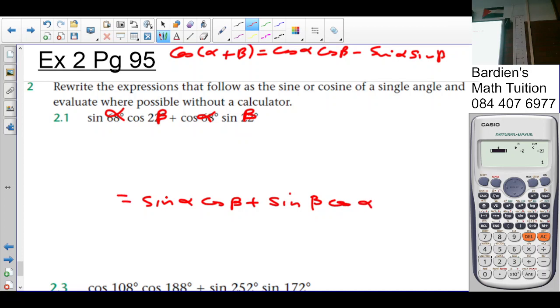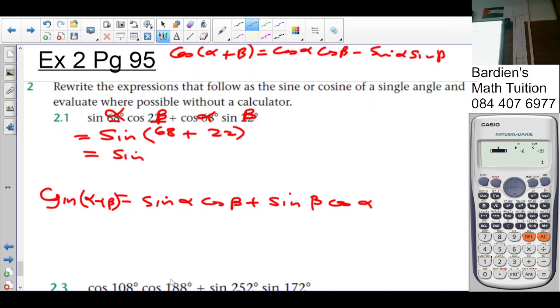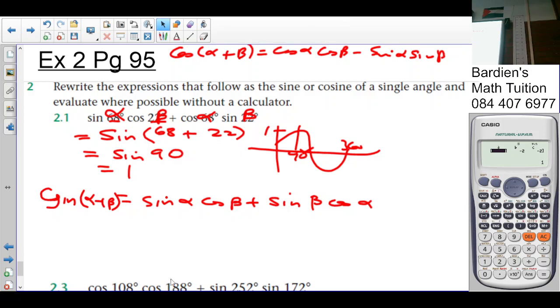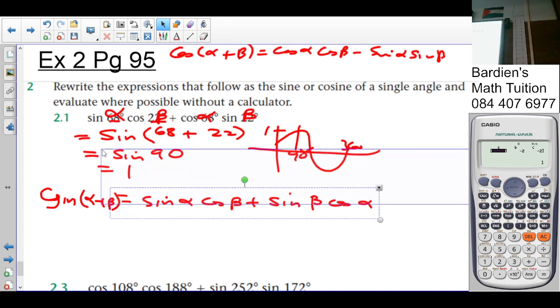So what is that equal to? Sine of alpha plus beta. So this would simply be sine of 68 plus 22, which is actually sine of 90. And what is sine of 90? Sine of 90 is 1. You guys understand? Any confusion here? No?